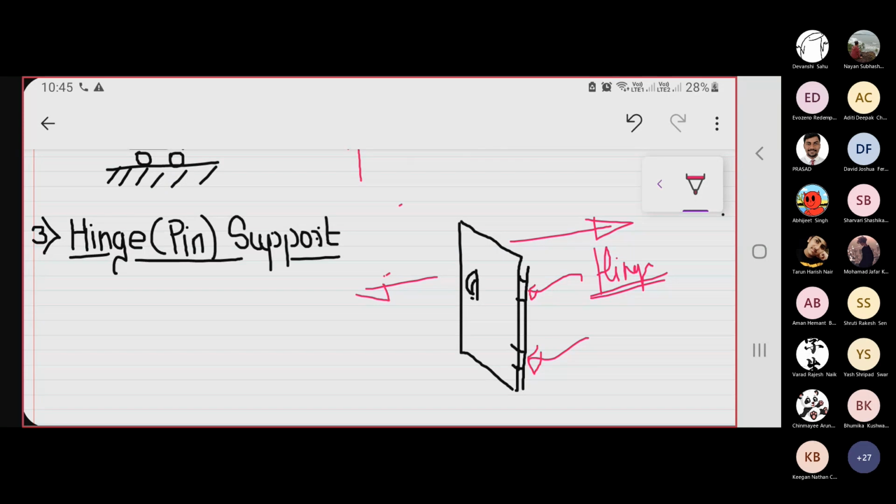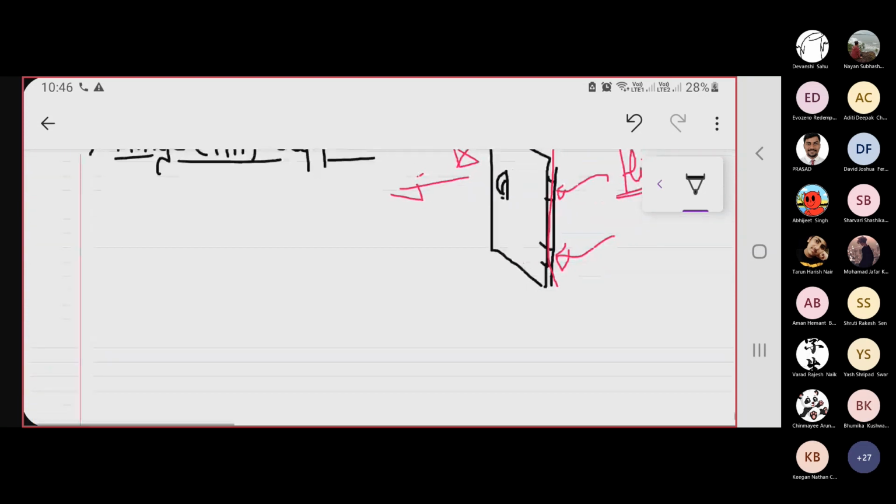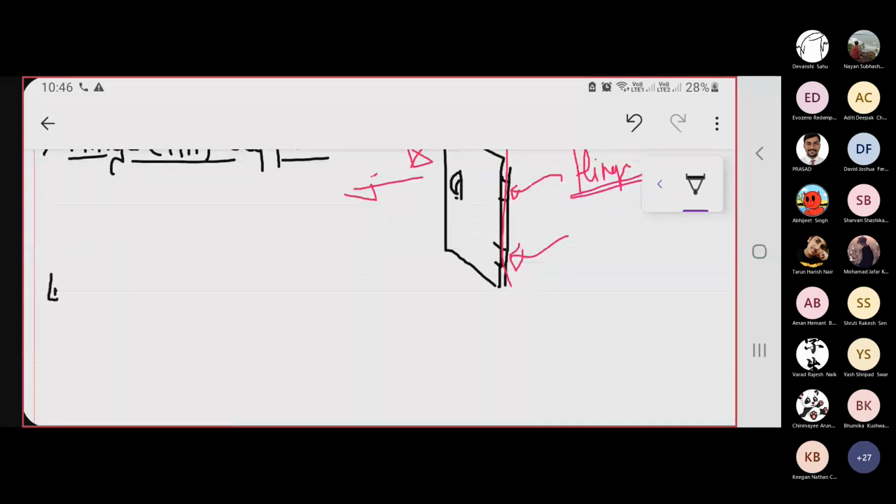No. You can only rotate this door, or open or close the door, about this pin point, right? So it only has rotation. It doesn't have linear displacement. Don't worry, I will explain this again in class.